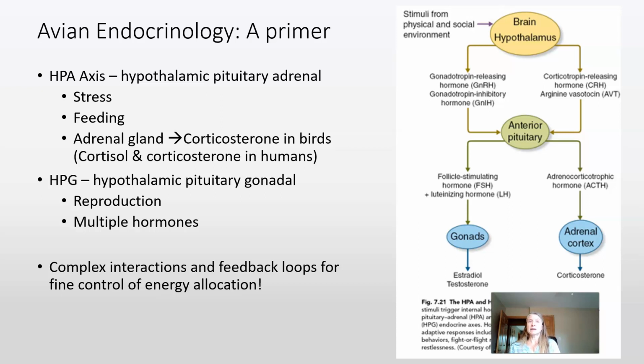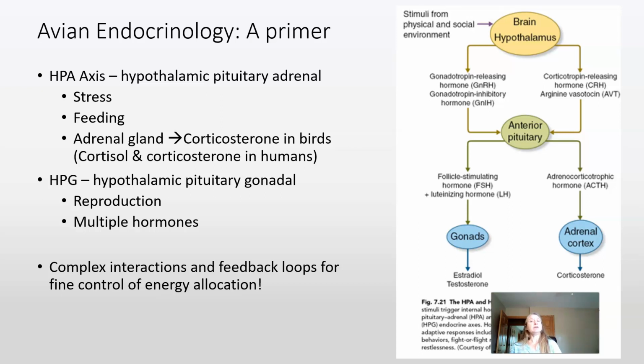The hypothalamic pituitary gonadal is another system. So in both systems, you have hormones being released from the hypothalamus that act onto the pituitary. The pituitary then secretes hormones in response to that, and those hormones go out to the body, whether it's the gonads or the adrenal glands and the HPA axis.